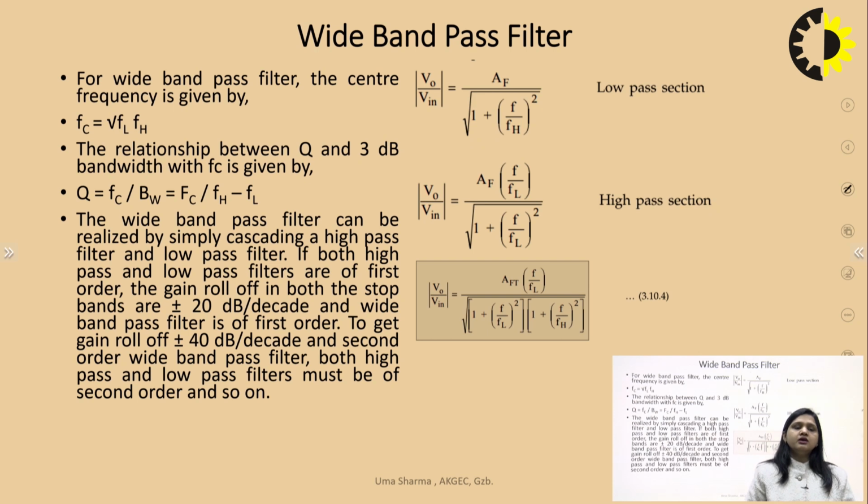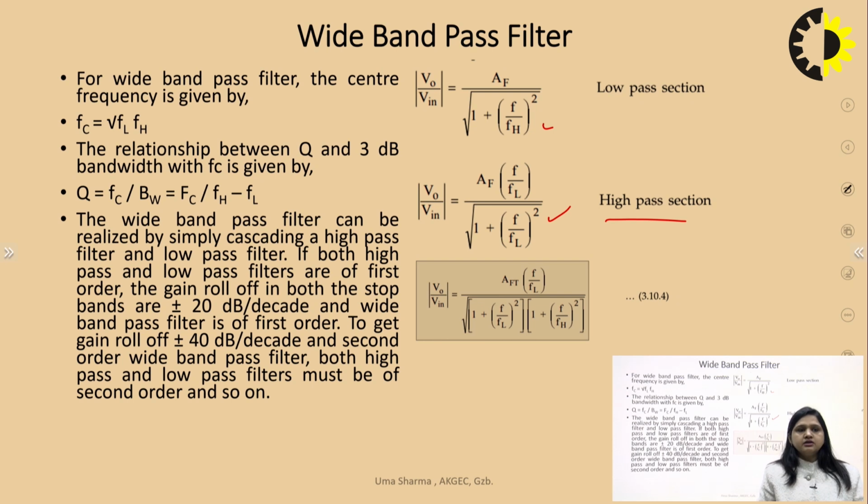So the formula is derived as VO by Vin equals AF upon under root of 1 plus (F upon FH) whole square, where FH is the cutoff frequency and F is the frequency of input signal. Similarly, for high pass filter, the gain is equal to AF into (F upon FL) upon under root of 1 plus (F upon FL) whole square. So these are two formulas for low pass and high pass section.